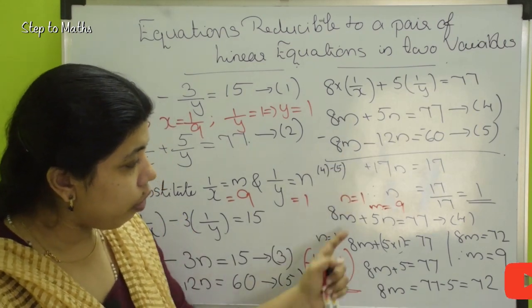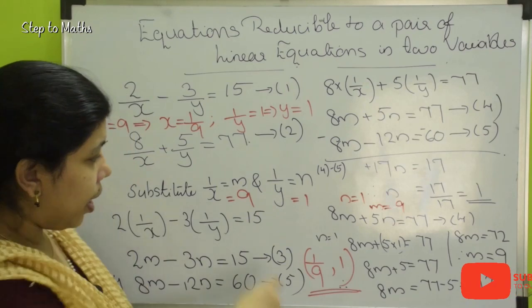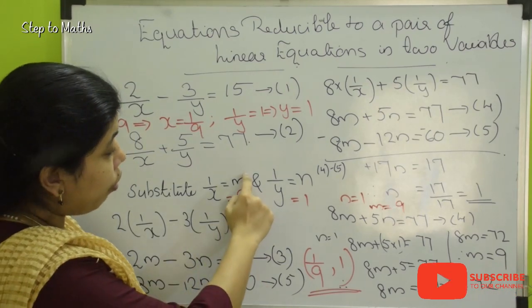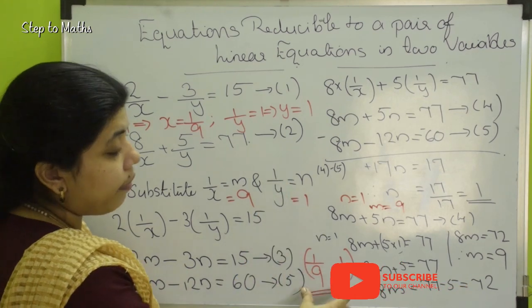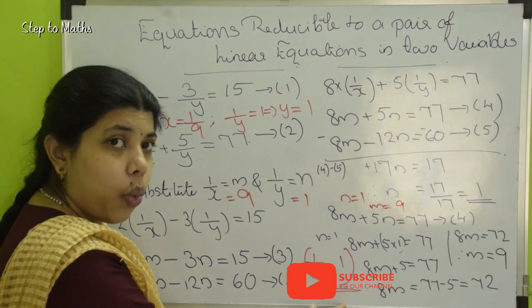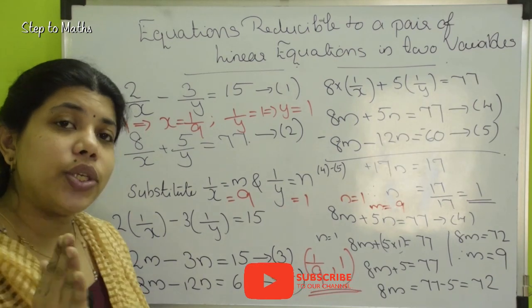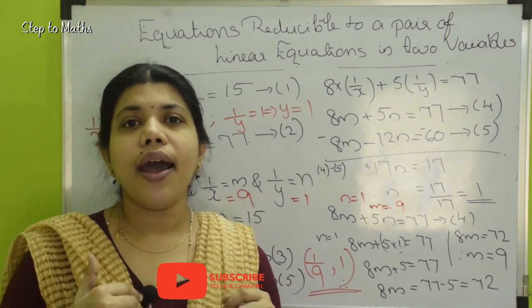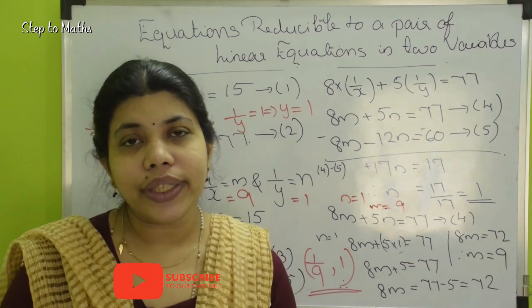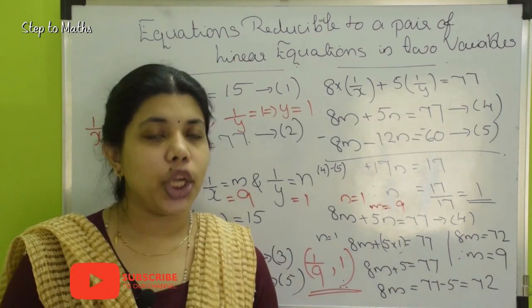We get the values of m and n, and substitute m is 1 upon x and n is 1 upon y. We get the values of x and y. The given equation is reduced to the form of a linear equation, and then we solve the two equations.